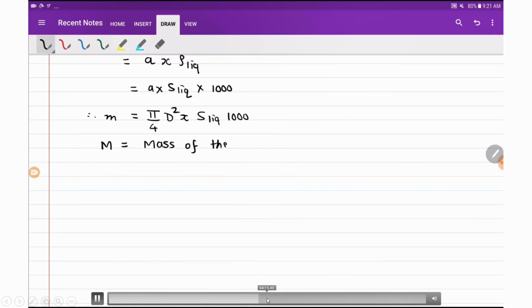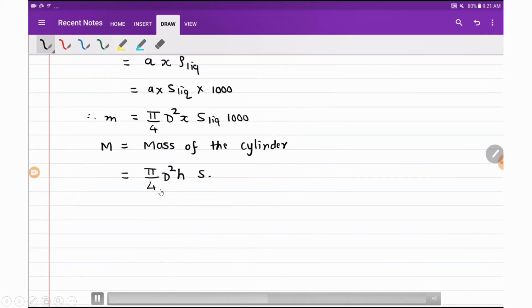Now the mass of the entire cylinder will be equal to pi by 4 d square into height of the cylinder. You can see in place of area, now we have directly written pi by 4 d square. Instead of X, it is H now. Instead of S liquid, it is S cylinder, and 1000 as it is.